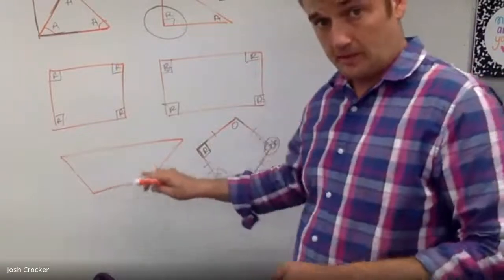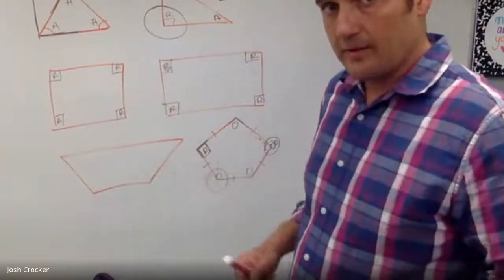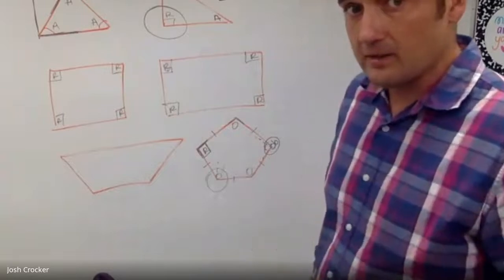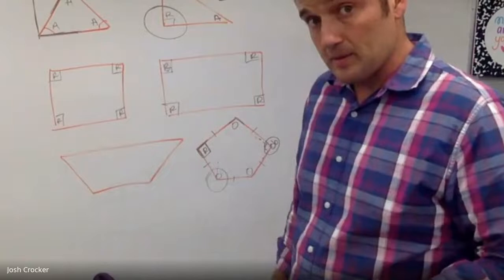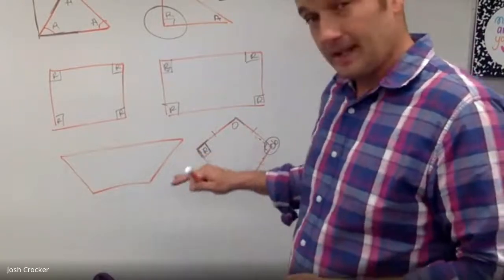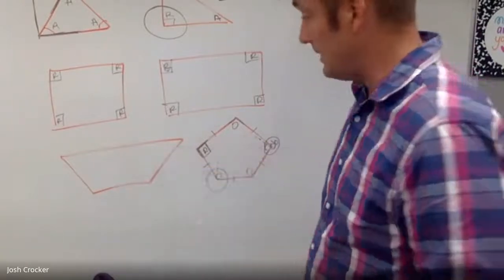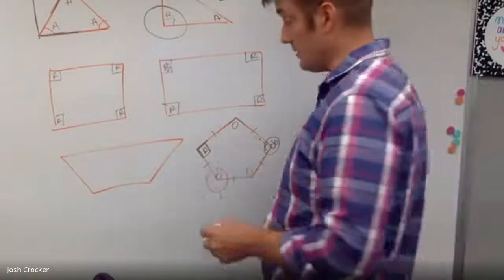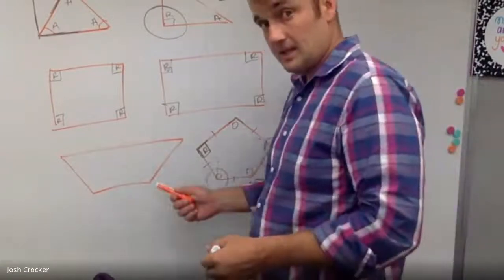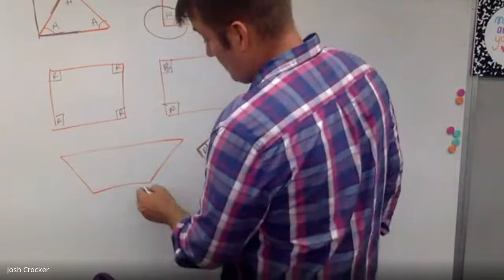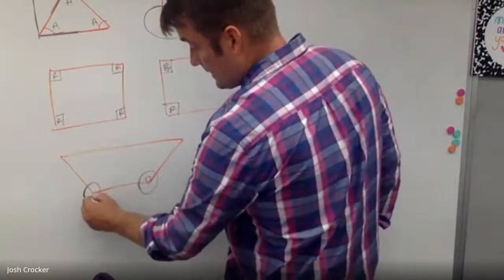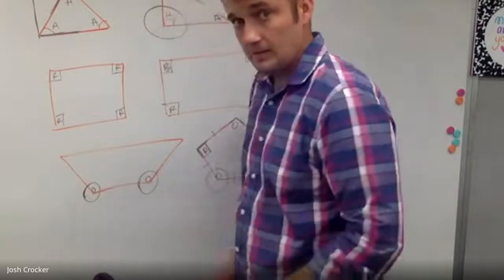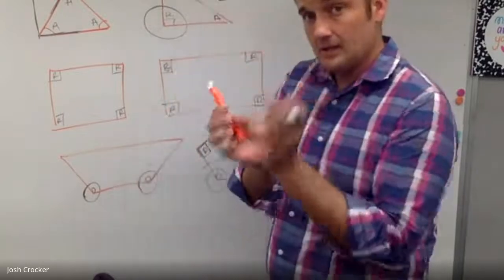This shape has 4 sides. It has 4 angles. It's not a square. It's not a rectangle because it doesn't have right angles. What it is, is a trapezoid. It kind of looks like half of a hexagon. This kind of trapezoid, at least, will have an obtuse angle here, and that's also an obtuse angle because it's open past 90 degrees.